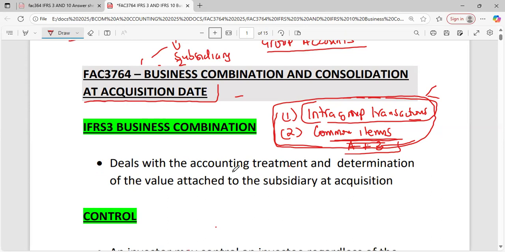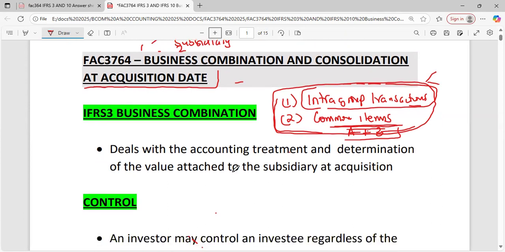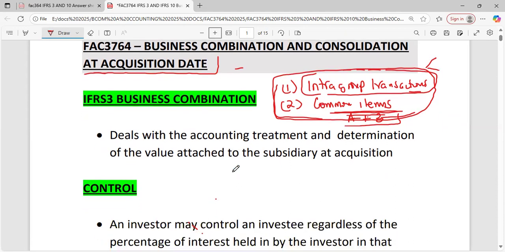In International Financial Reporting Standard 3, that is business combinations, we are going to look at the accounting treatment and determination of the value attached to the subsidiary at acquisition. So here we need to understand what is the value of the subsidiary at acquisition.